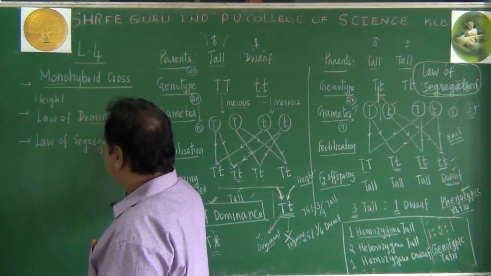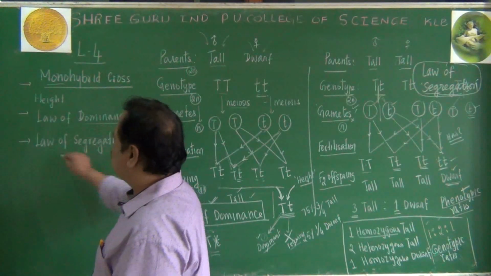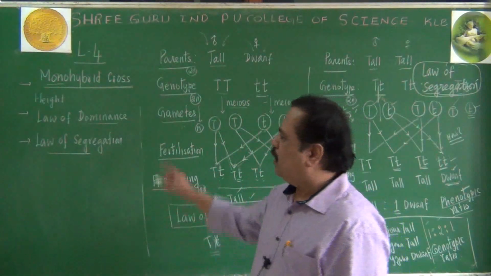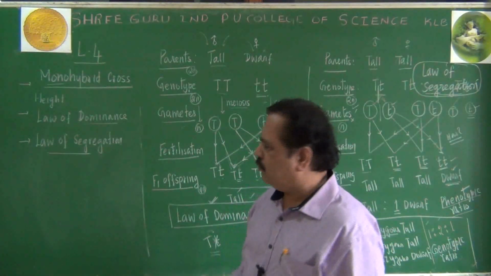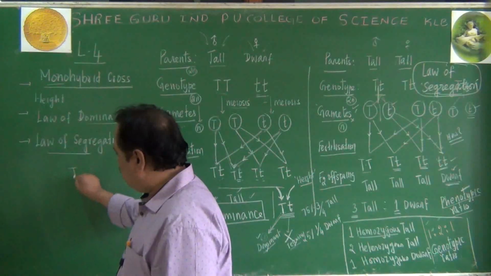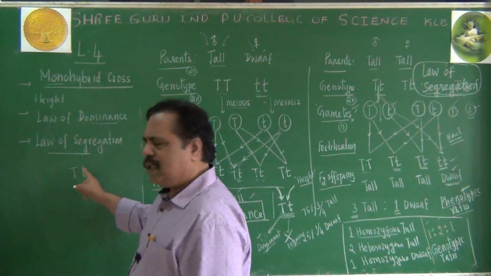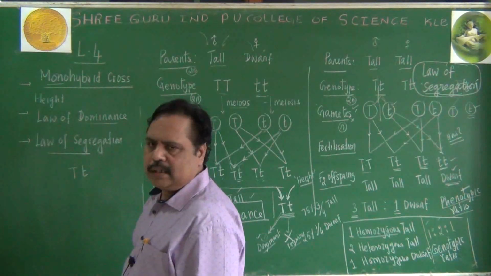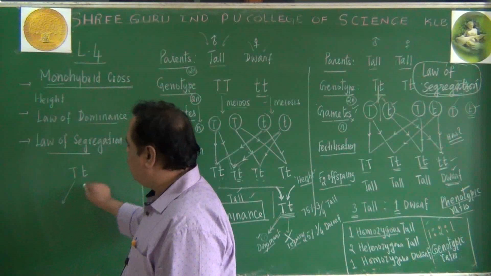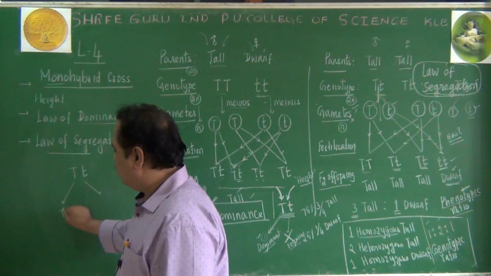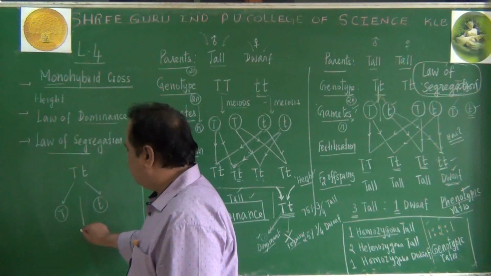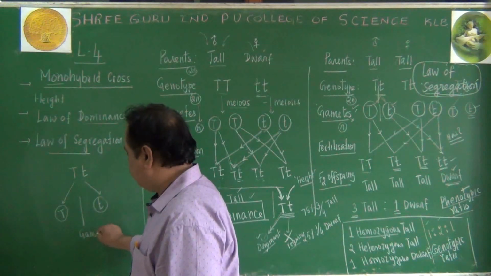All these laws were proposed by Mendel based on his experiment in pea plant. According to law of segregation, the 2 alleles, whether they are similar or dissimilar, of a particular character will separate from each other and enter into different gametes during gametogenesis.